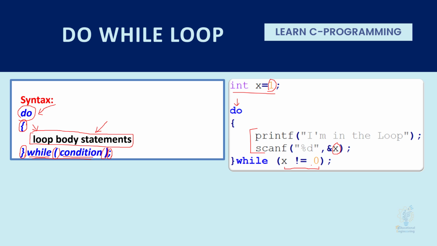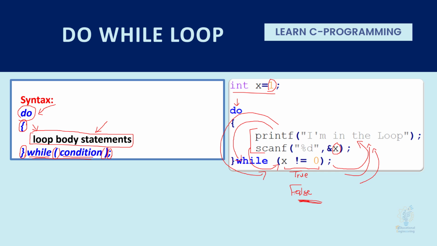is not equal 0, so while this condition is true, just like in the while loop, it will go back and execute the code block again. Once it finishes the execution, it will go to the condition, and it will keep looping like this, and so on, until the condition is false.